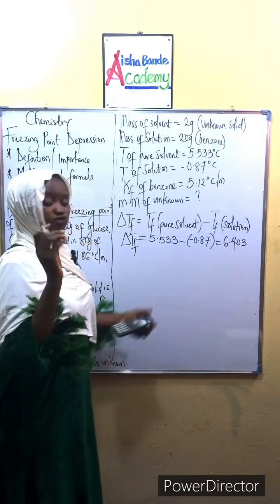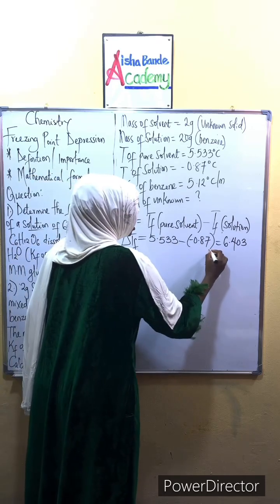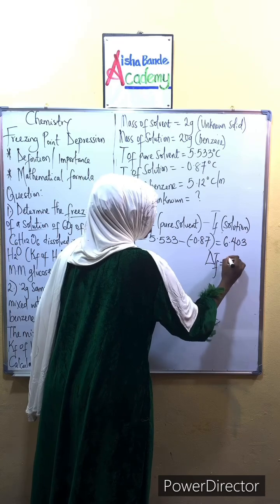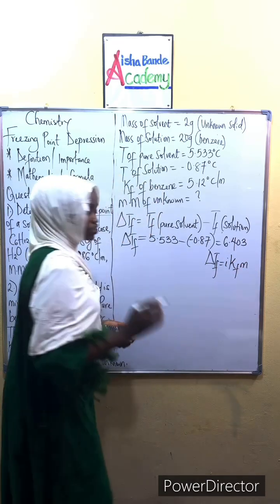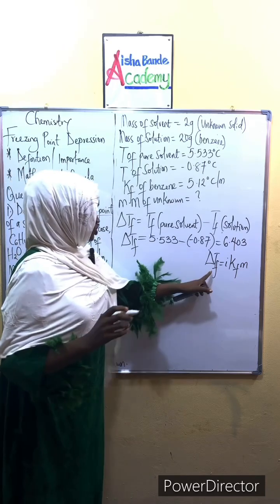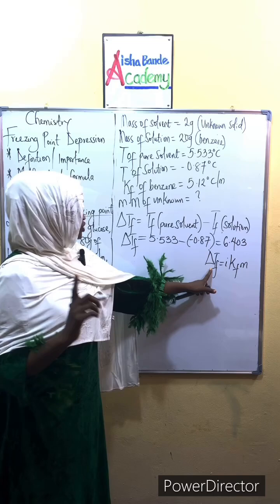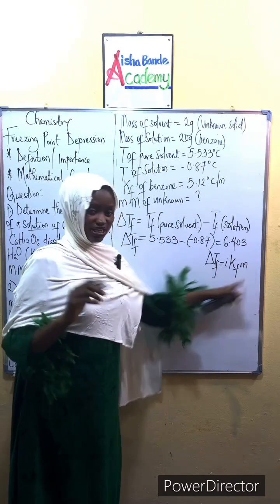Now the formula for freezing point depression is change in Tf is equal to i times Kf times m. We have gotten the change in Tf, but what we are looking for in this question is the molar mass of the unknown. So let's go to the molality.